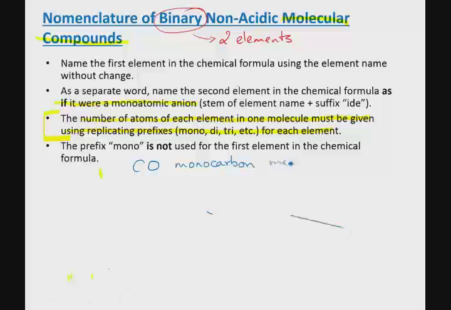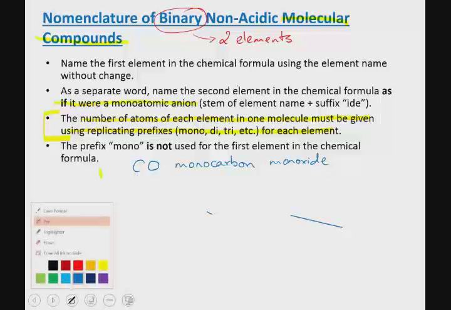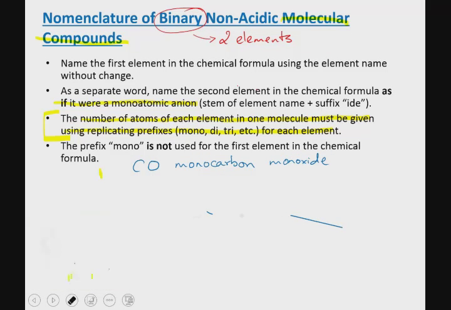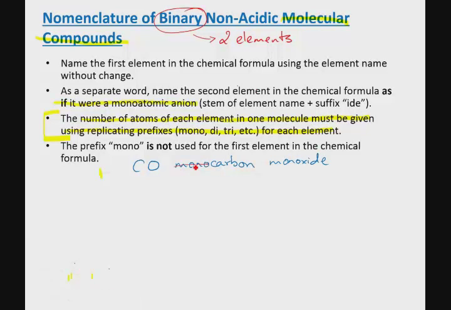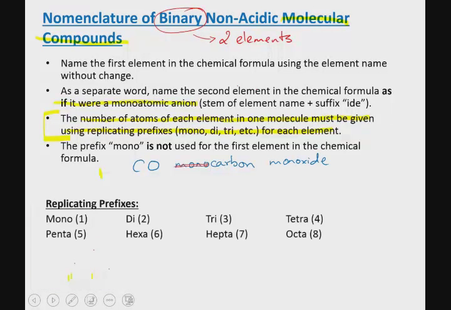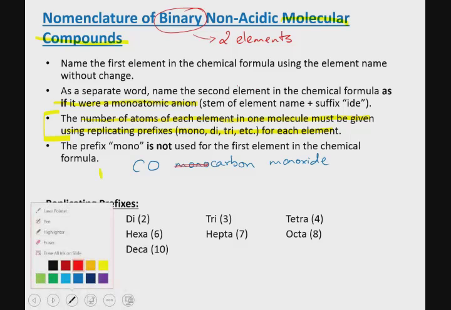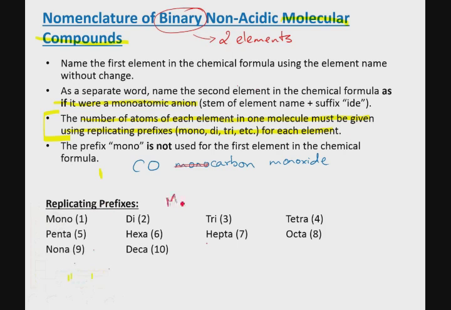So that would be monoxide, because we're pretending that the second element is a monoatomic anion, so oxygen becomes oxide. But according to this rule, if there is one atom of the first element, we do not put the mono. We do use other prefixes for the first element, just not mono. Now, for the purpose of naming such compounds, it is important for you to memorize the first 10 prefixes. Please memorize these.